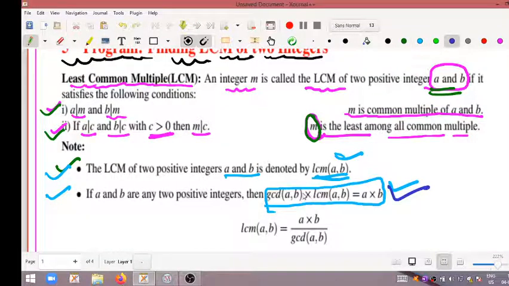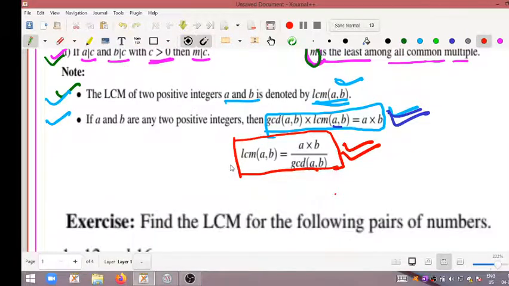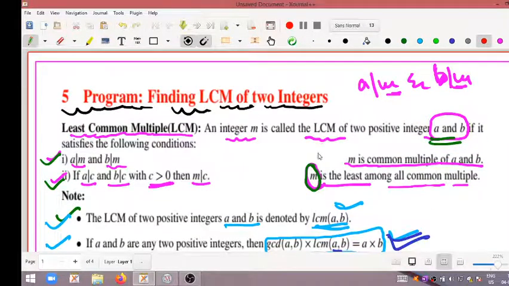By making LCM of a comma b the subject, we get the formula a into b divided by GCD of a comma b. Using this formula, we will find the LCM using Maxima. So this is the theoretical part.